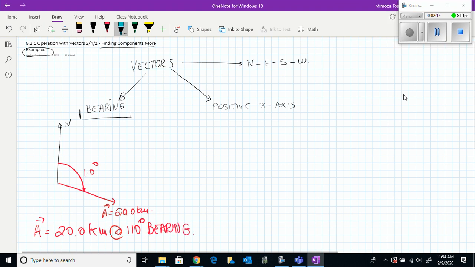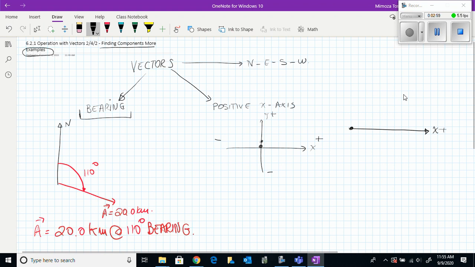When we are dealing with the positive x-axis, we know what the Cartesian axes look like, x and y axes. They intersect at the point (0, 0), and whatever is on the right is positive, whatever is on the left is negative, and for y, whatever is up is positive and whatever is down is negative. To describe a vector using the positive x-axis, we consider just this positive x-axis.